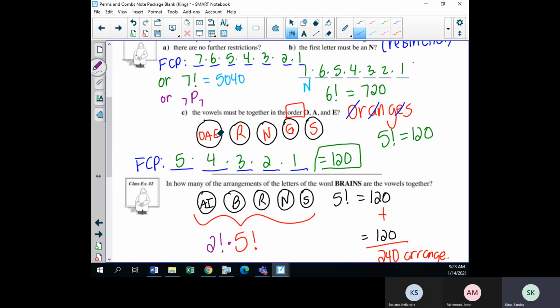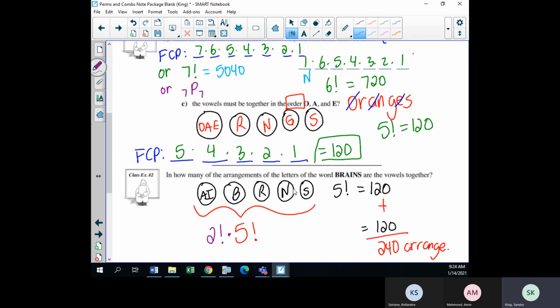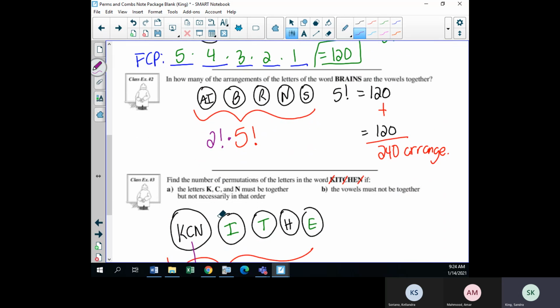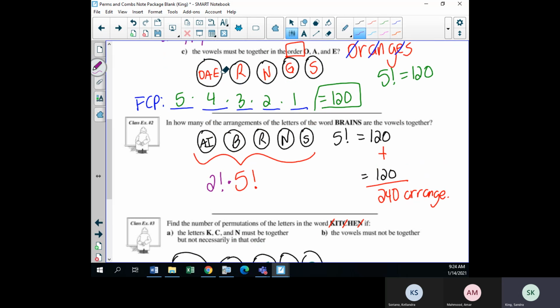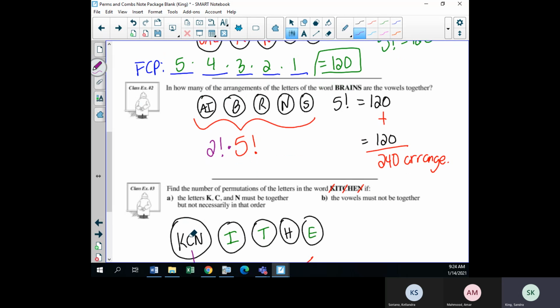Oranges. They said O, A, and E must be together in that order. This one we did not do 5 factorial times 3 factorial, we just did 5 factorial. So have the word oranges, brains, and kitchen on there, and then have in this order, it doesn't tell us what order, and not necessarily in this order, which means it could be in any order.